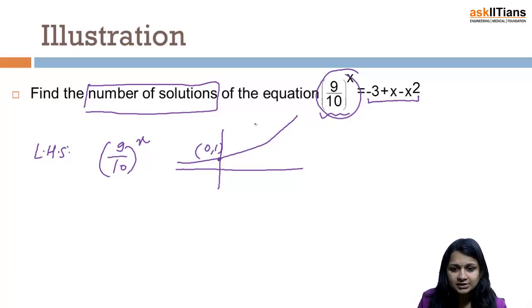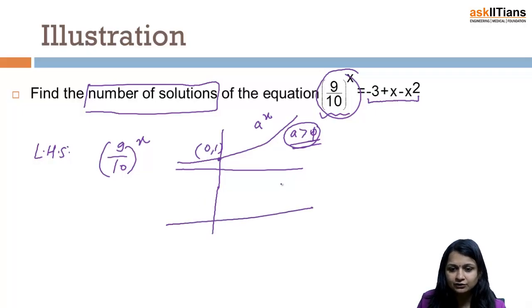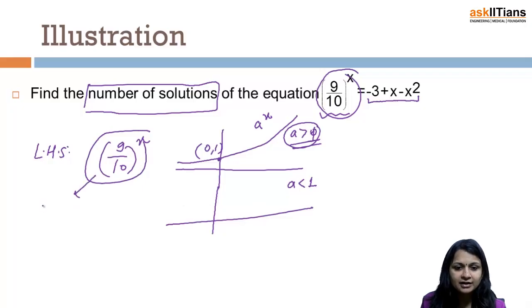Now this is the graph for a^x where a is greater than 1. Now I'll take the case where a is less than 1, and draw the same kind of graph. Let's analyze (9/10)^x.